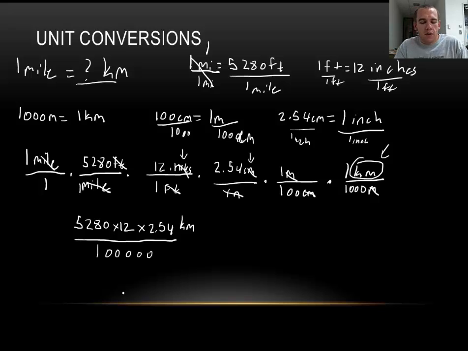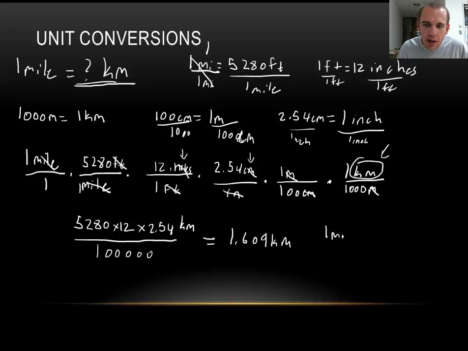So 5,280 times 12 times 2.54 divided by 100,000, and we get 1.609 kilometers. Now what we just said is 1 mile is equal to 1.609 kilometers.